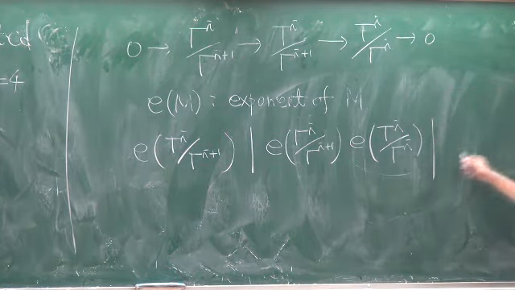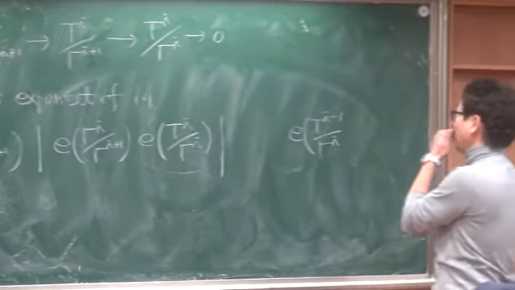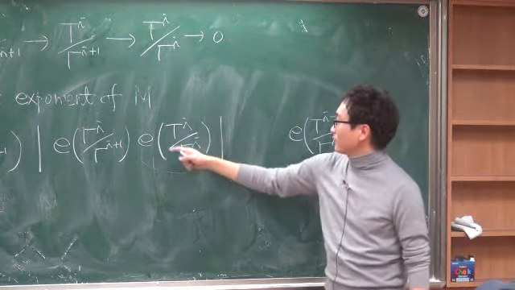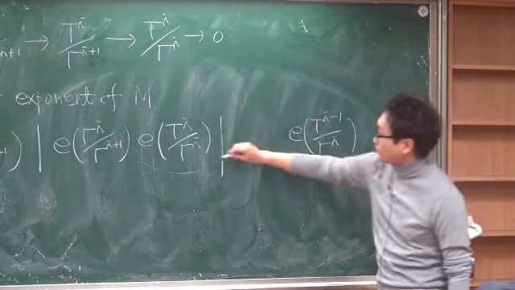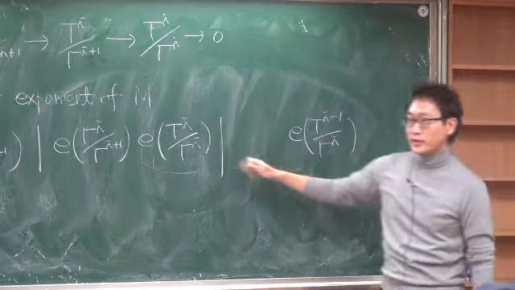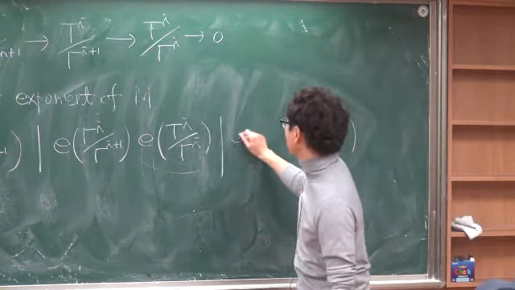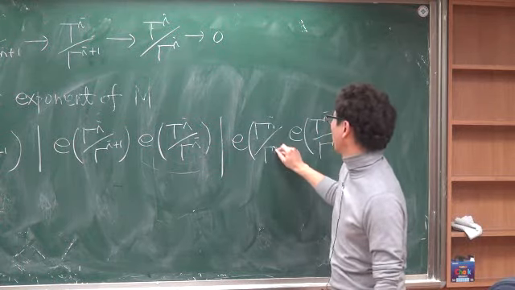And this one divides the exponent of tau i minus 1 and the quotient by gamma i, because this group is contained in this group, so the exponent of a subgroup divides the exponent of the group, times the exponent of the same one.